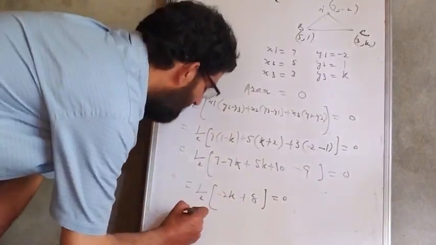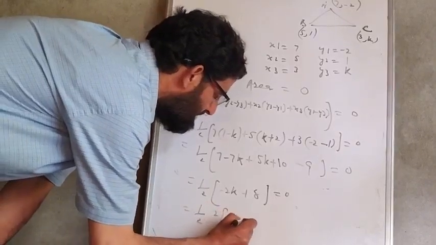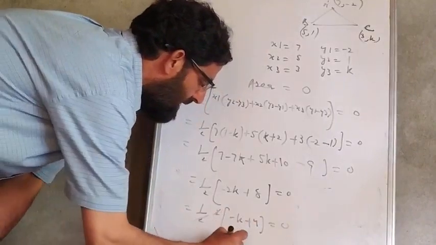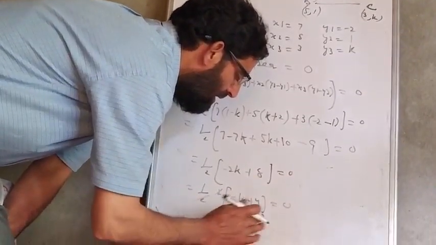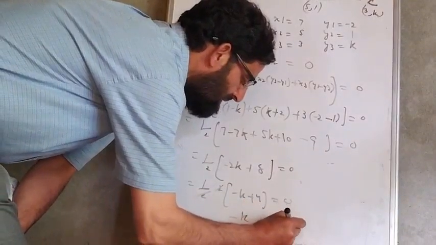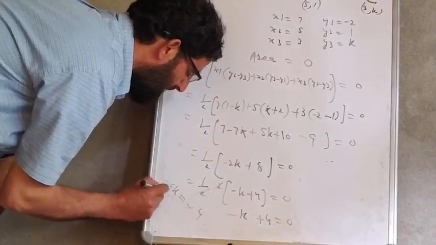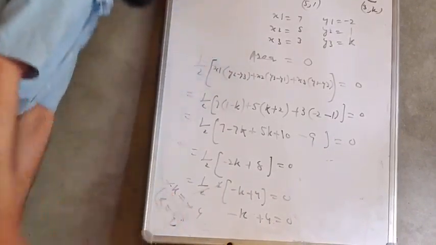So this 1 by 2, let's take 2 common, we are left with minus k plus 4 is equivalent to 0. 2 and 2 will cancel. Minus k plus 4 is equal to 0, and minus k is equivalent to minus 4. Minus and minus will cancel, and k is equal to 4. This is the value for k.